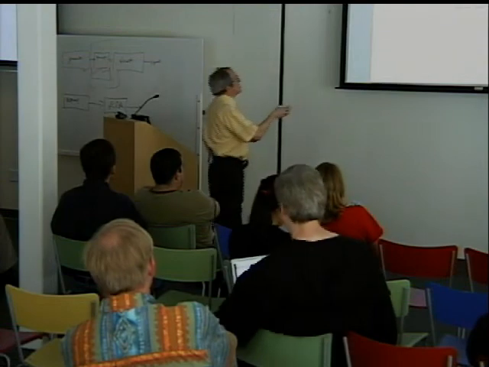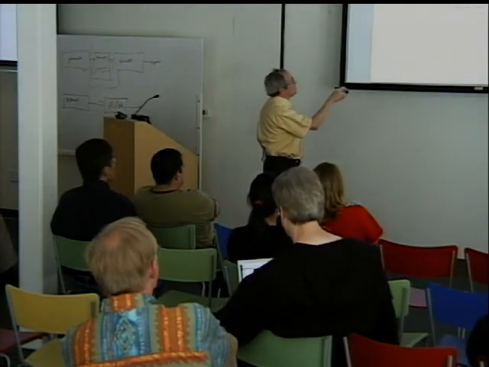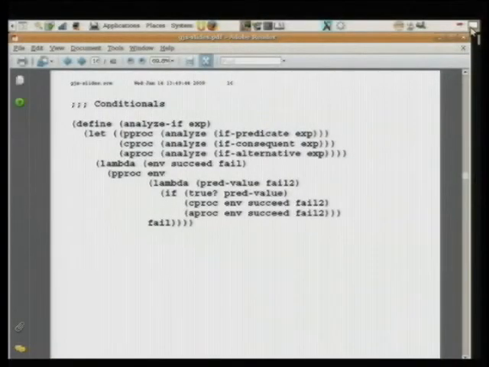So the predicate is the guy who's going to be making up the failure continuation here, which it's passing into here to allow these guys to say, predicate, I didn't like your answer, as opposed to predicate, what was your answer? Because everything's tentative now. That's sort of the nice thing here.